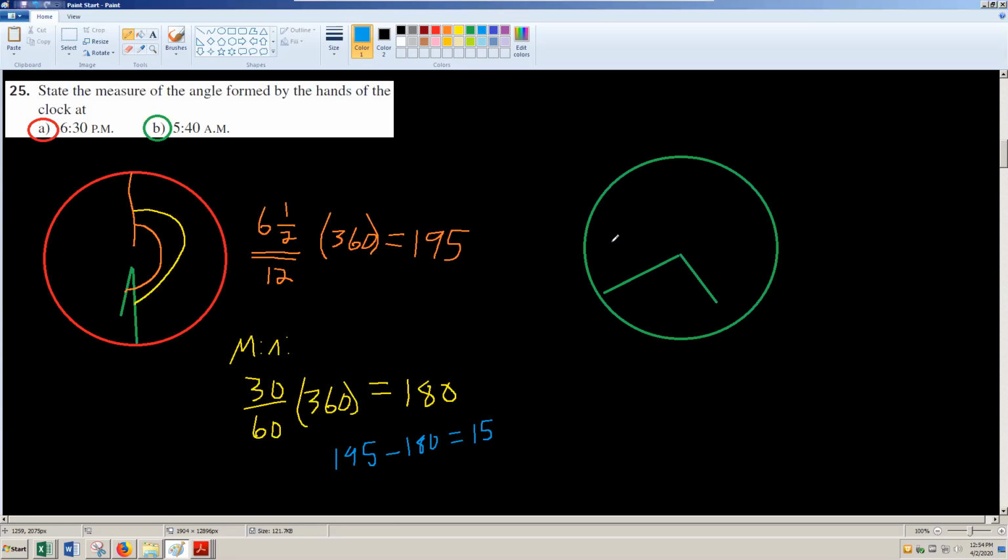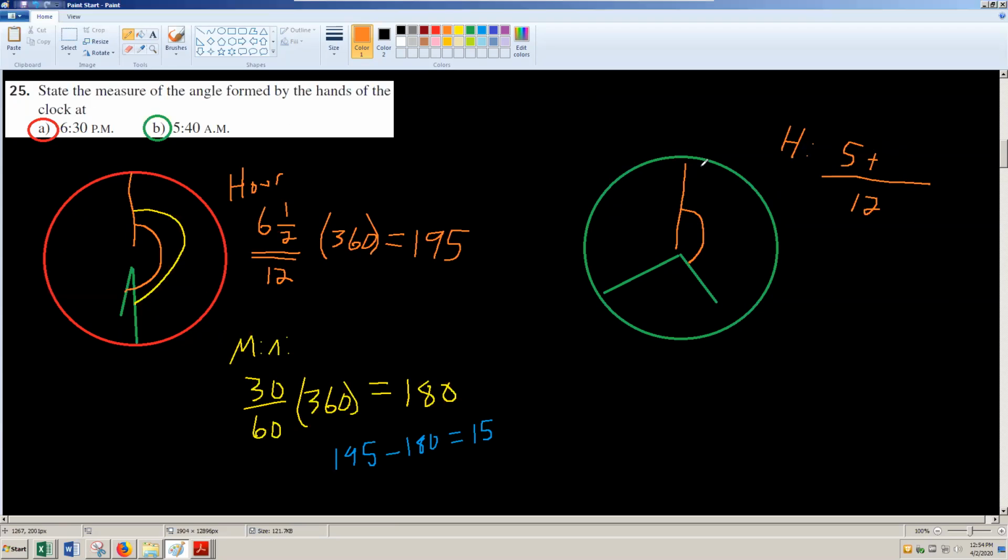Now as we look at the next one here, so this was my hour hand. I'm going to set the same thing up. So I'm going to do my hour hand in orange here as it comes around to here. So for hours here, we have 5 out of 12 plus, and now it's not as cut and dry because 30 is 1/2 of an hour.